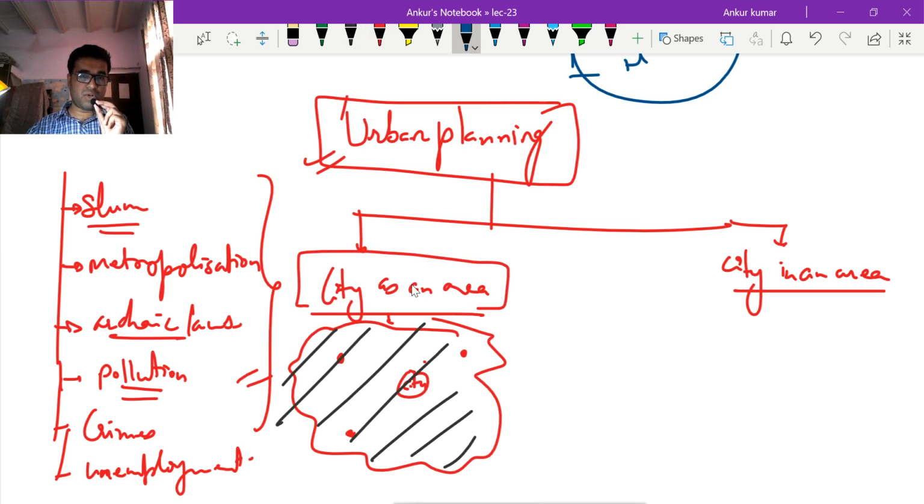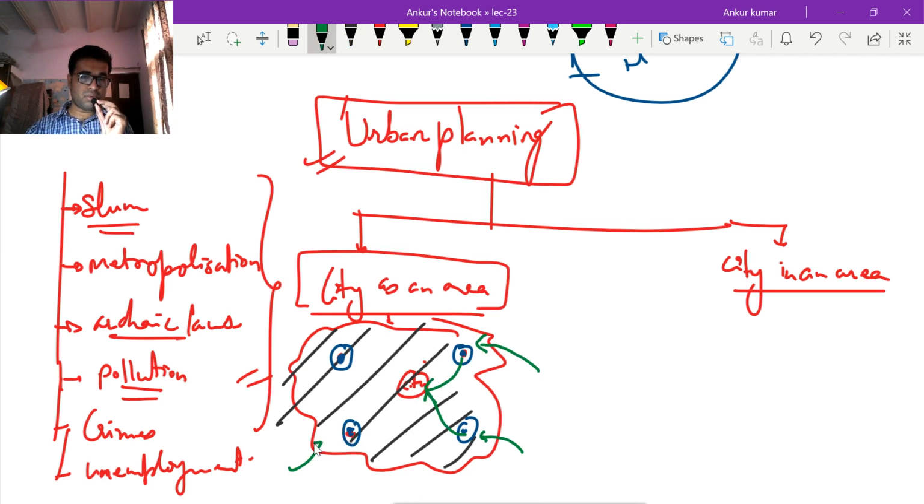These are what are called satellite towns, so that when people migrate from the rural areas, they do not directly migrate towards the big city. They first migrate toward this city and then again migrate toward the big cities.